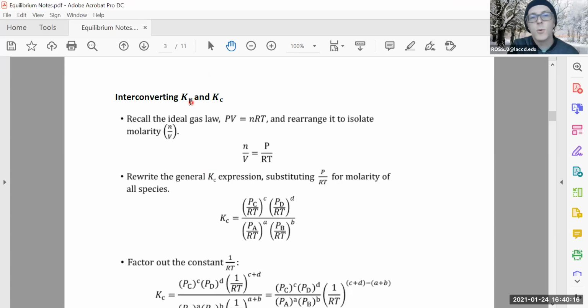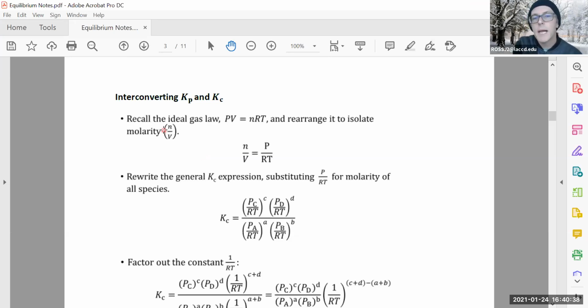So if you were given a Kc and you're asked for a Kp or vice versa, or if you want to understand why they would become equivalent, let's look at them. So let's recall the ideal equation of state, PV = nRT, and let's introduce molarity into this expression.